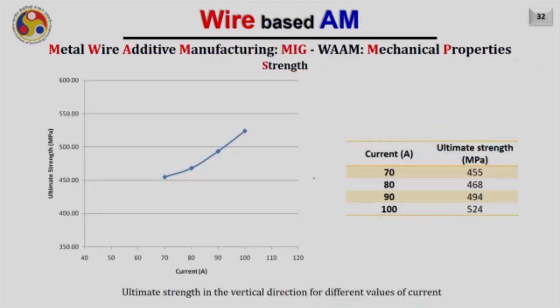It was also found that in most cases, if the current increases, the penetration also increases, and as a result the ultimate tensile strength of the part in the build direction also increases. This is the typical trend followed when we increase the current in wire arc additive manufacturing.